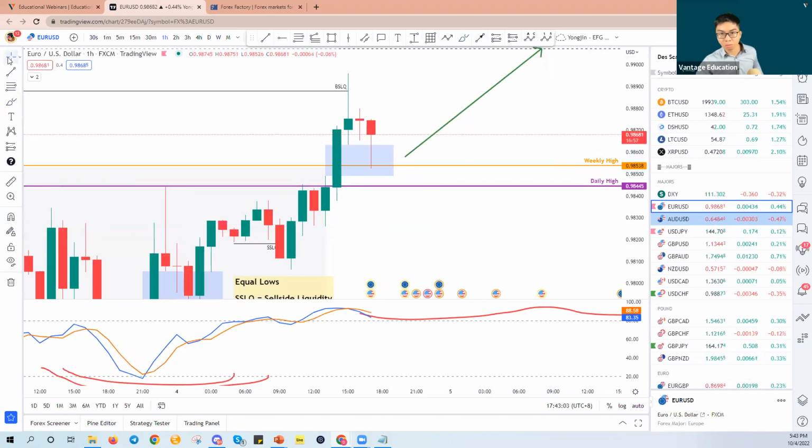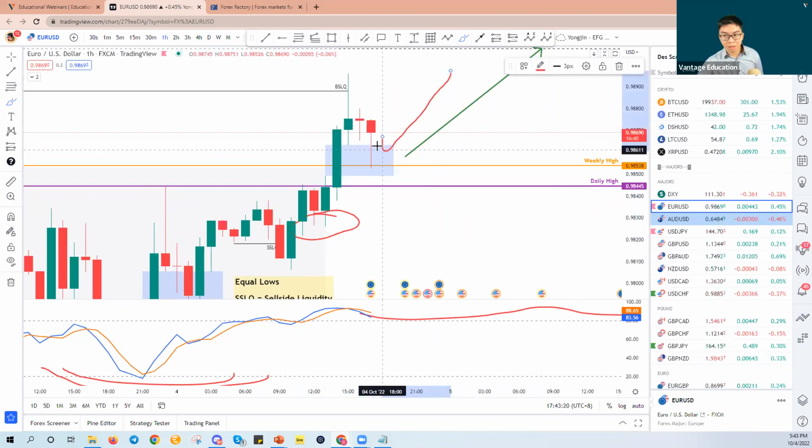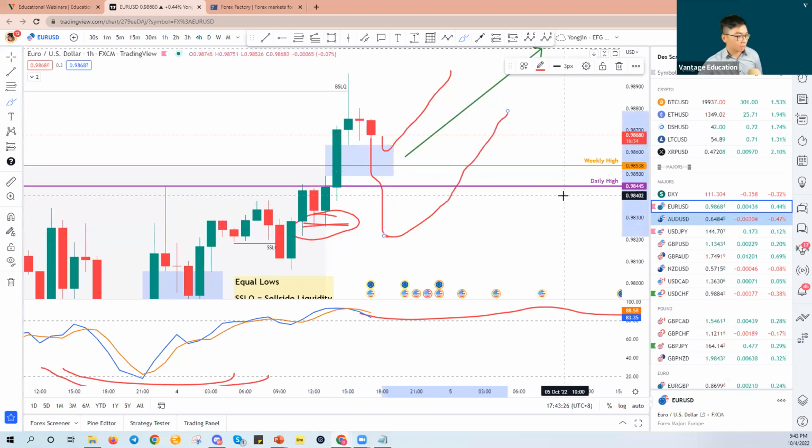But why did I not enter here? Although there is a weekly high. Because on the hourly, I see this area. Potentially, price might just come here and bounce all the way up, or price might come down and clear these equal lows before heading up.